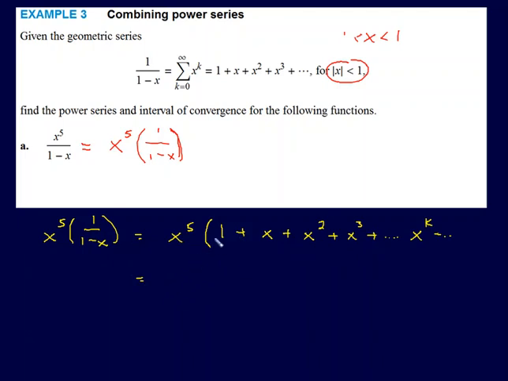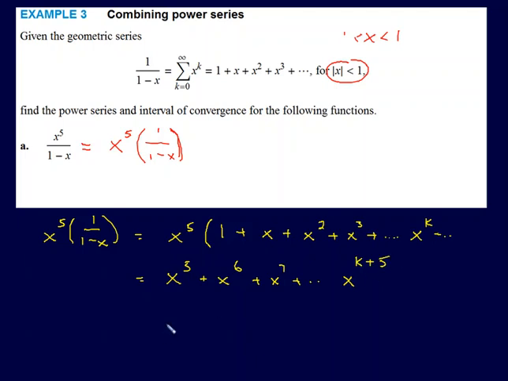So each time I multiply it in, the power goes up by 5. So it's going to start being x to the 5, x to the 6, x to the 7, and on. And by the time you get to that general term, you just have to add the powers together, and you can actually get the general term for this new power series here, x to the power k plus 5.